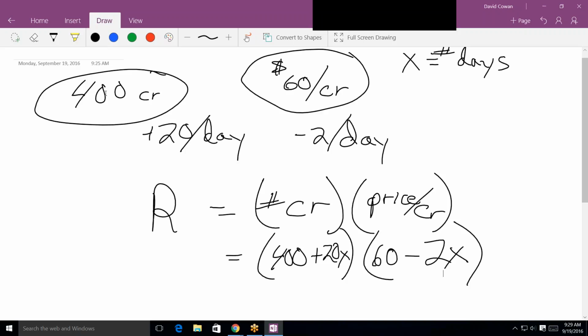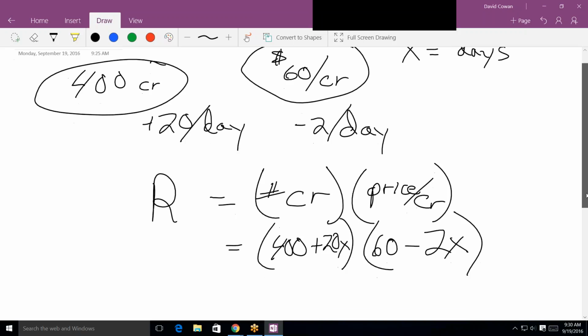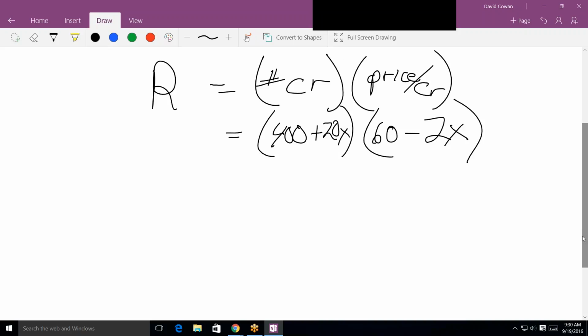Should you sell today, or should you wait some number of days to sell? And the way we're going to figure that out is we're going to graph this quadratic. We're going to find its vertex. Well, I've got it in a form where I can't find the vertex easily. I can find the Y-intercept easily.